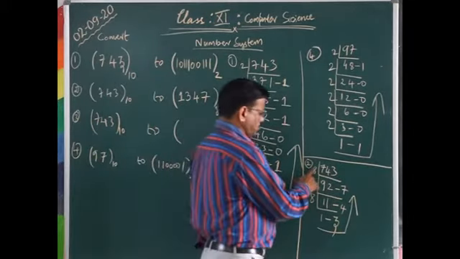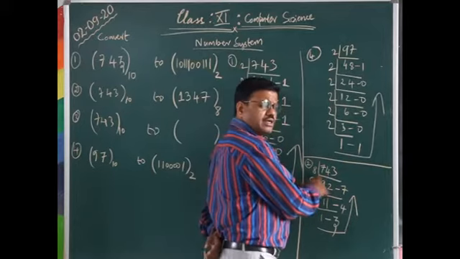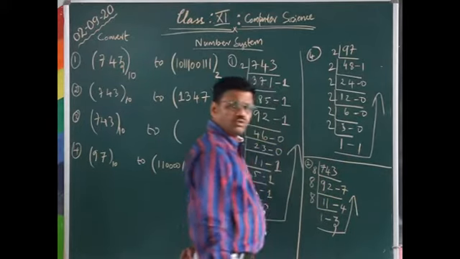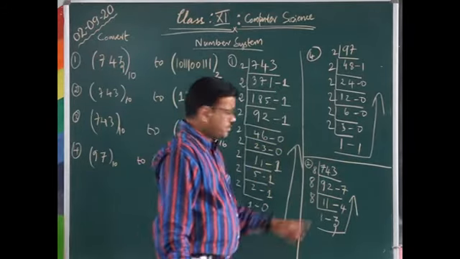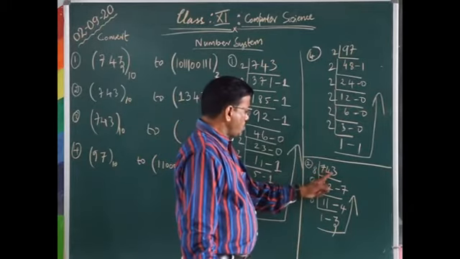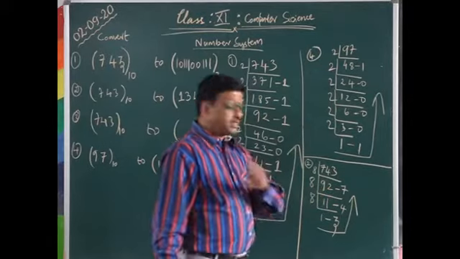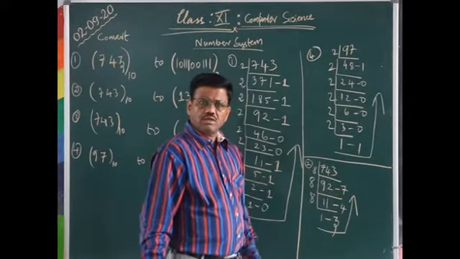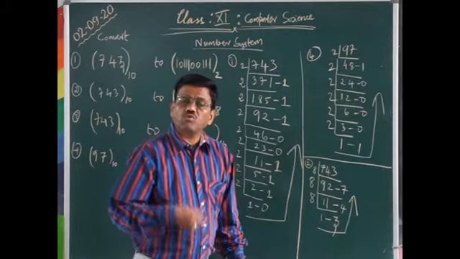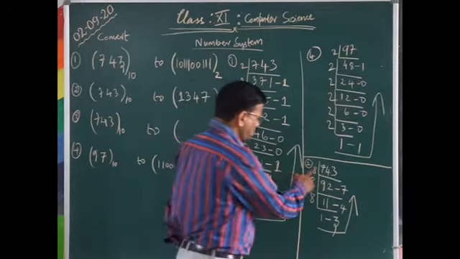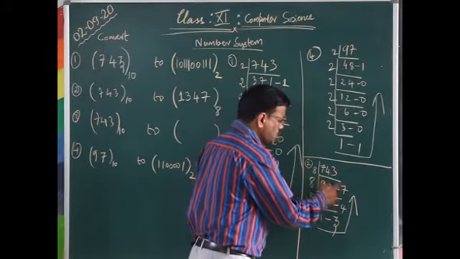743. 9 8s are 72. Remainder is 2. 2 and 3 is 23. 8 2s are 16. Remainder is 7. To check whether what we have done is correct or not: 8 2s are 16, 16 plus 7 is 23.